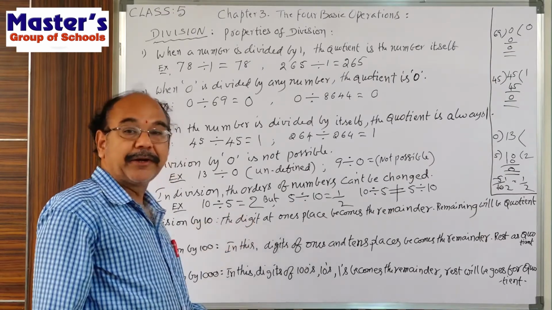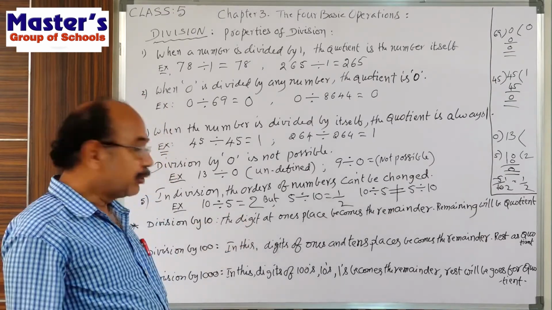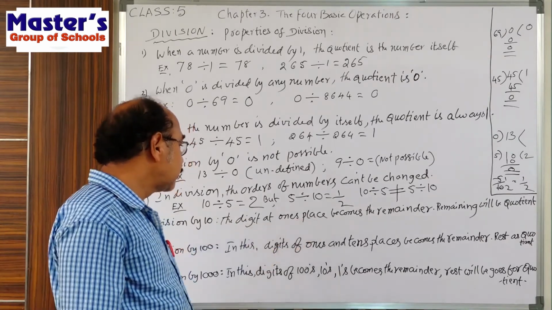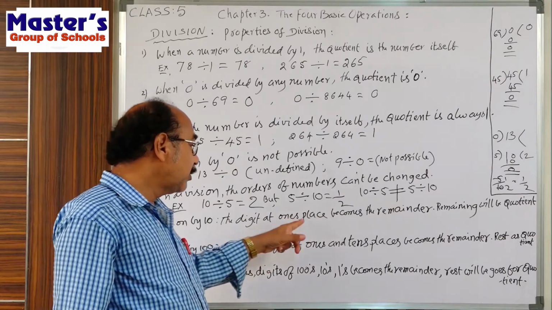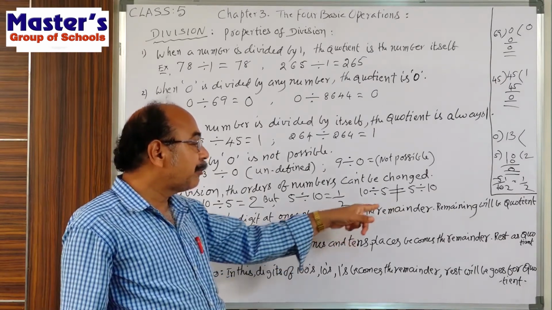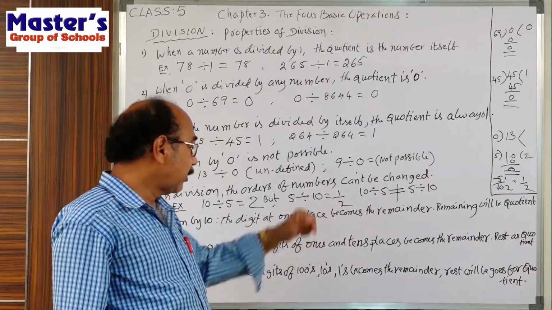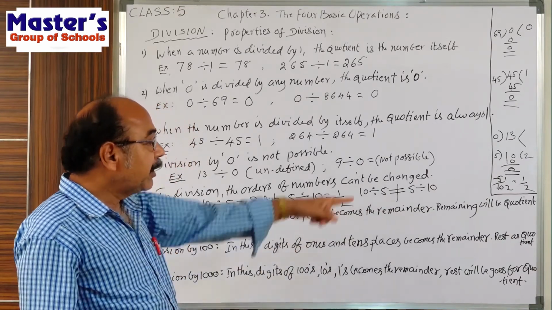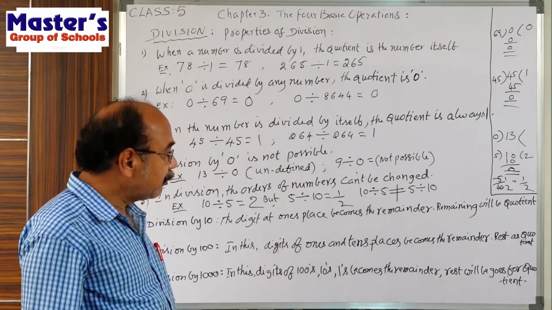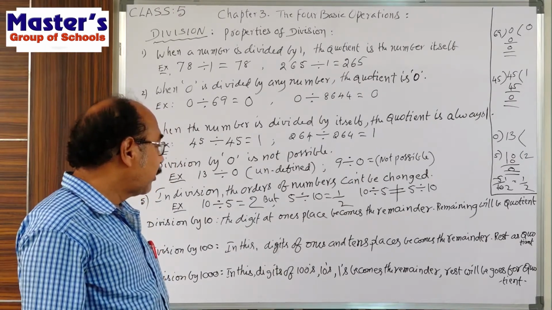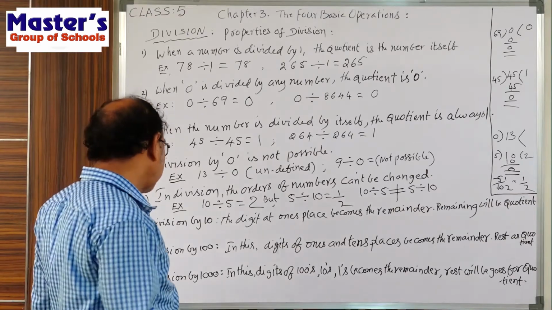What is the key point we should keep in mind in division by 10? The digit at one's place becomes the remainder. The remaining digits will be the quotient.